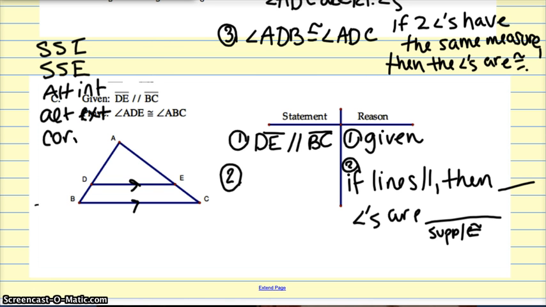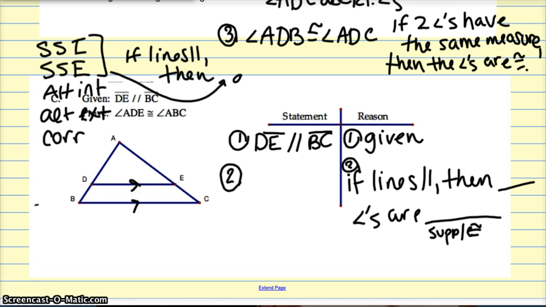We had corresponding. So if lines are parallel, then these particular angles are supplementary. And if lines are parallel, then these particular angles ended up being congruent. So what angles are we dealing with?